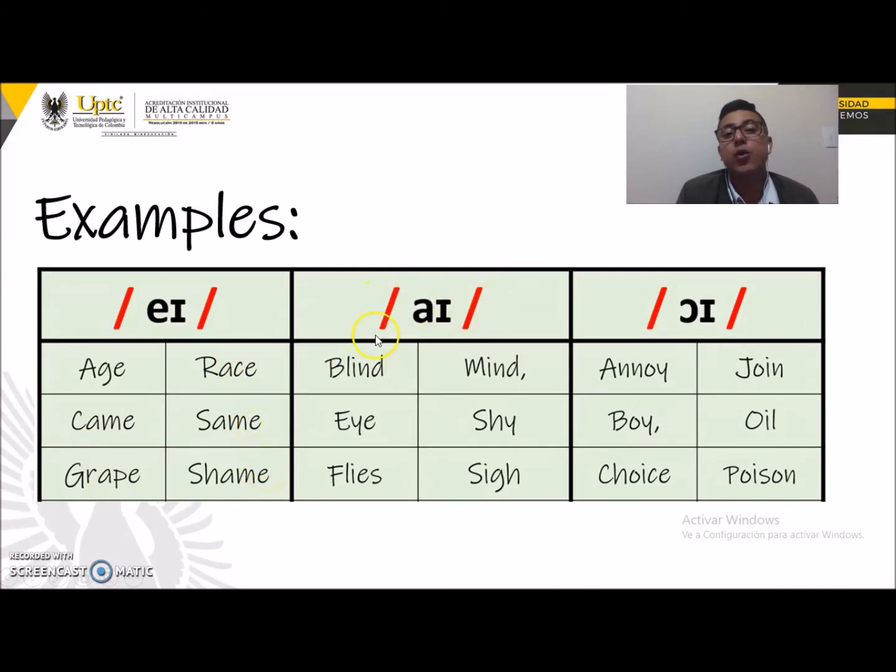And the second category, which is script A together with capital I, we have blind, eye, flies, mind, shy, and sigh. And last but not least, we have inverted C and capital I, and the examples are annoy, boy, choice, join, oil, and poison. Alright?